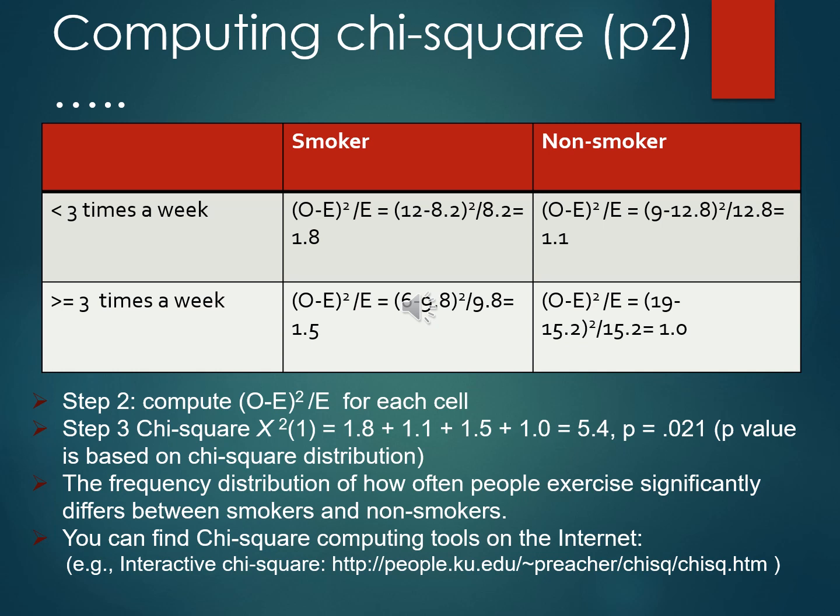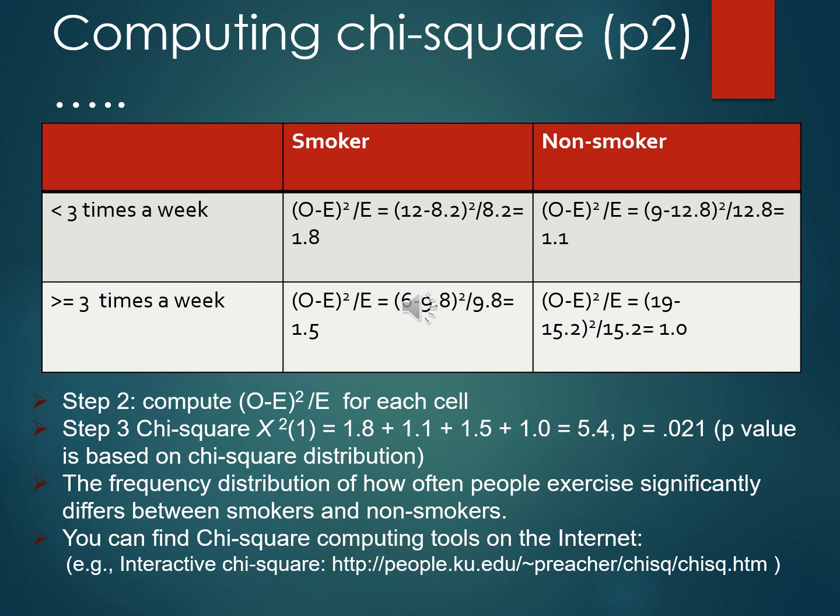The second and final step of computing chi-square: for each cell, you compute the difference between observed frequency and expected frequency, then you square it, and then you divide the square of the difference by the expected frequency. So the chi-square for the first cell, a smoker who exercises fewer than 3 times a week, is 1.8.